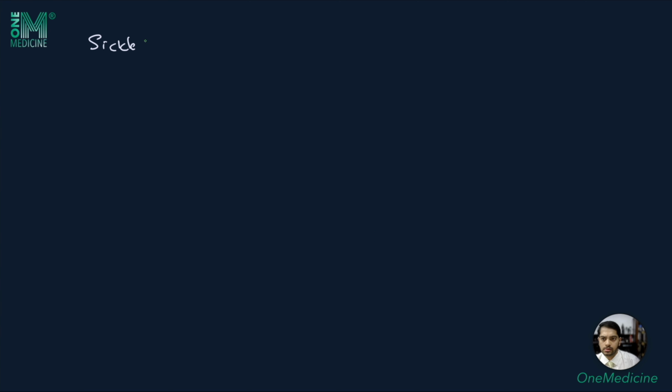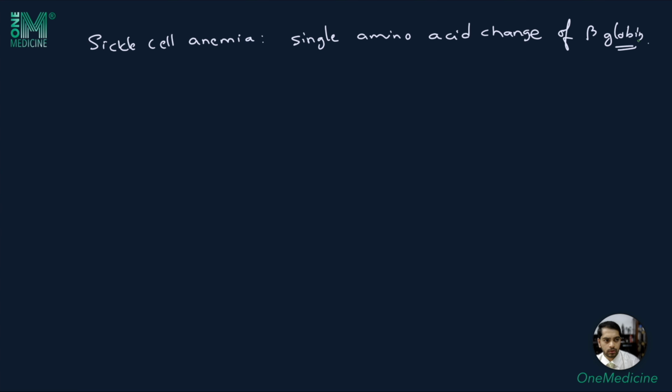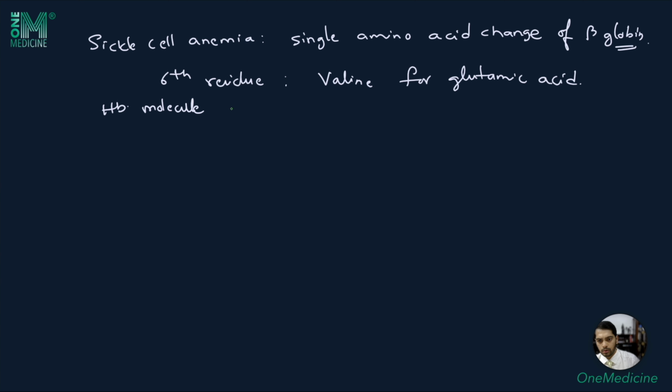Next condition is sickle cell anemia, which is characterized by a single amino acid change of beta globin chain. The change is in the 6th residue, where valine is substituted for glutamic acid. This produces a hemoglobin molecule which has reduced solubility, especially in hypoxic states, and can also lead to sickling of RBCs.